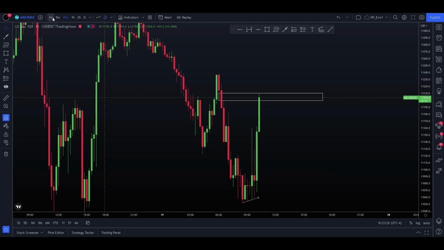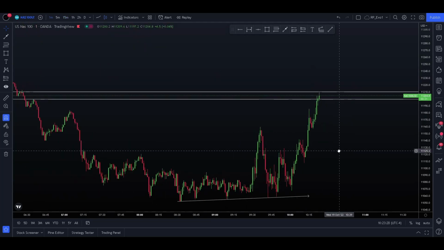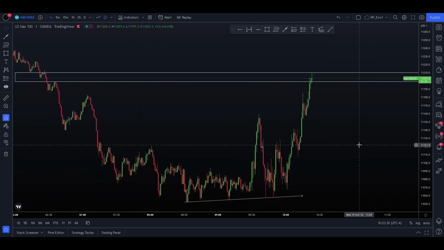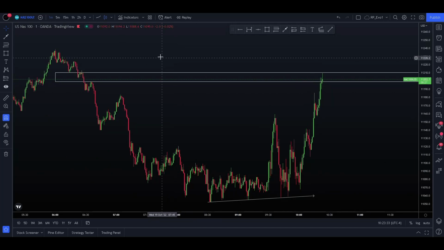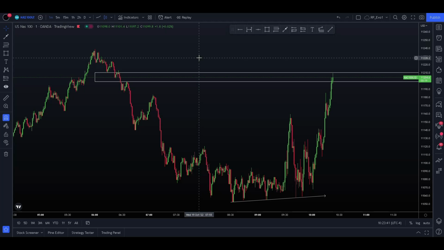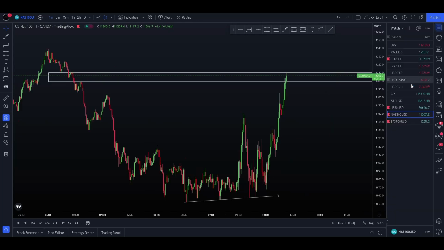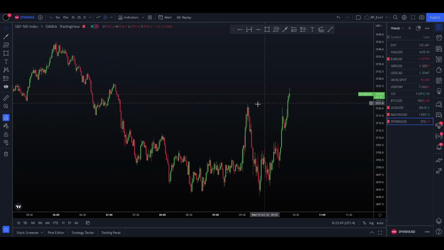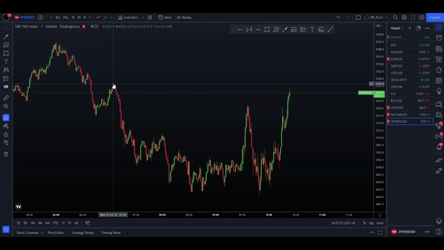Alright, so looking to short on the 1 minute time frame. We compare this to S&P also. You see that this swing high actually wasn't broken by S&P.